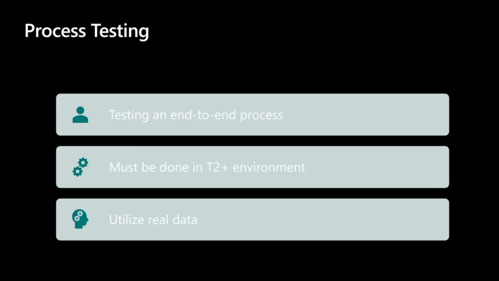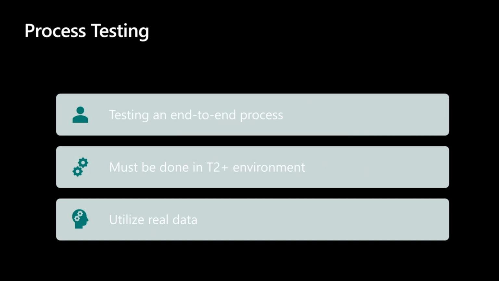We always recommend that process testing be run there versus what we call Tier 1, which are those developer boxes where all application and SQL components reside on a single box. Again, there are slight differences technically, so you want to make sure that you're doing any of this elevated type of testing on these Tier 2 environments, because that's what we consider to be production-like environments where those components are separated out.